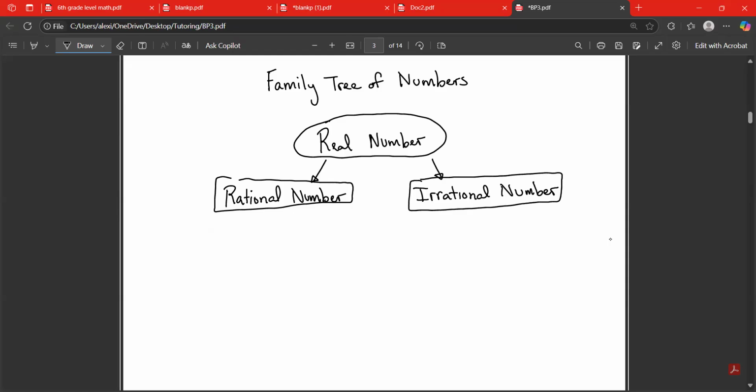If you ask me, did irrational have any kids? The answer is no. Irrational is just irrational. That's it. But for sixth grade, we're just going to focus on rational. So then I want to know, how many kids did rational numbers have? They had three. The first was called an integer.